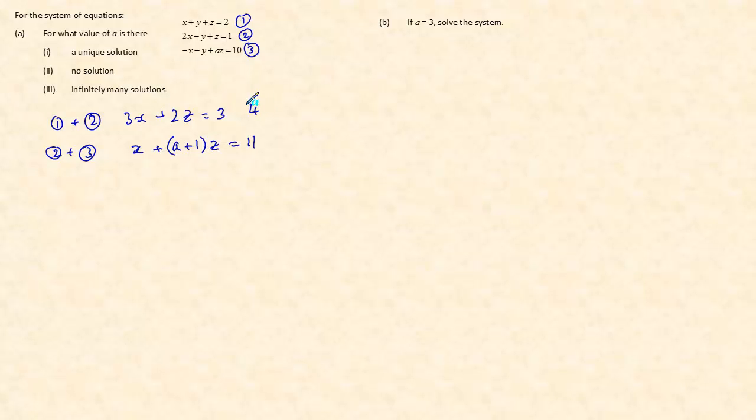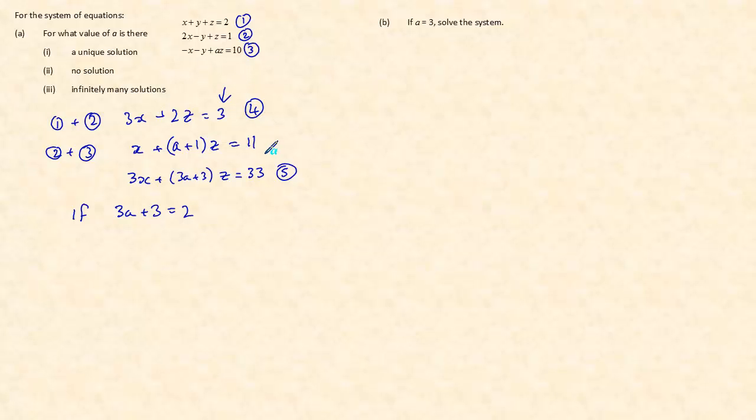Let's call this one 4, and I'm going to multiply this one by 3. So that gives me 3x plus 3a plus 3 z is equal to 33, and I'm going to call that 5. Now, if 3a plus 3 is equal to 2, this one would be 3x plus 2z is equal to 33.